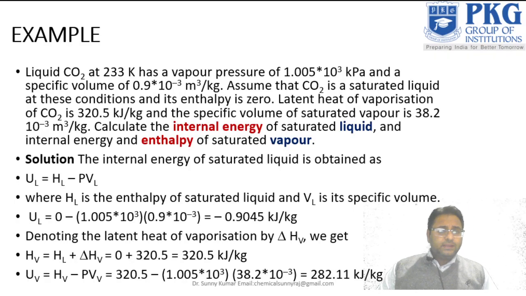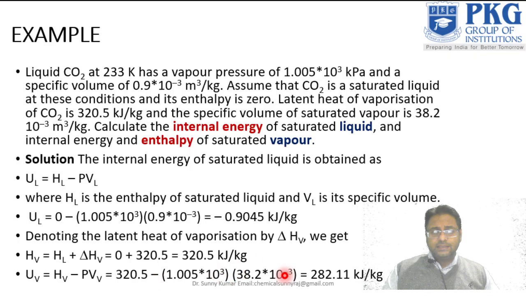So for the vapor case, when you calculate the internal energy, the formula will be the same: HV minus PV. HV we have already calculated, which is 320.5 kilojoule per kg, and the pressure is the same, 1.005 into 10 to the power minus 3 plus 3, and the specific volume of the saturated vapor is 38.2 into 10 to the power minus 3 meter cube per kg.